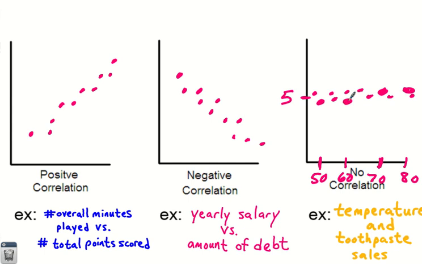On a 55-degree day, 5,500, whatever, right? So I think this might be a pretty good scatter plot for toothpaste sales compared to the temperature outside, which isn't really going uphill or downhill. So you might also have to call this a no correlation situation.